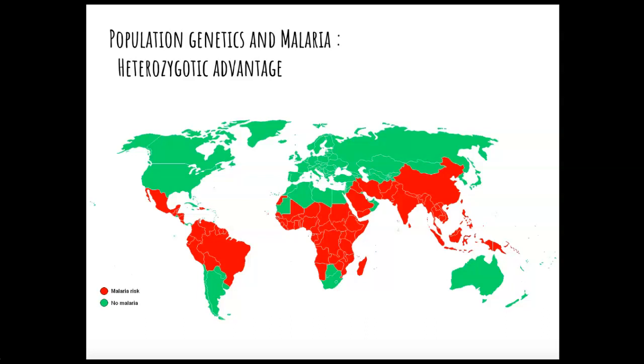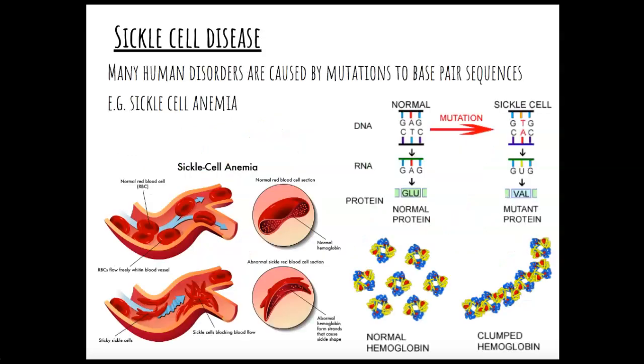So a heterozygote has some sort of an advantage over individuals that are either homozygous dominant or homozygous recessive. And for this malaria example, that comes in the form of sickle cell disease.